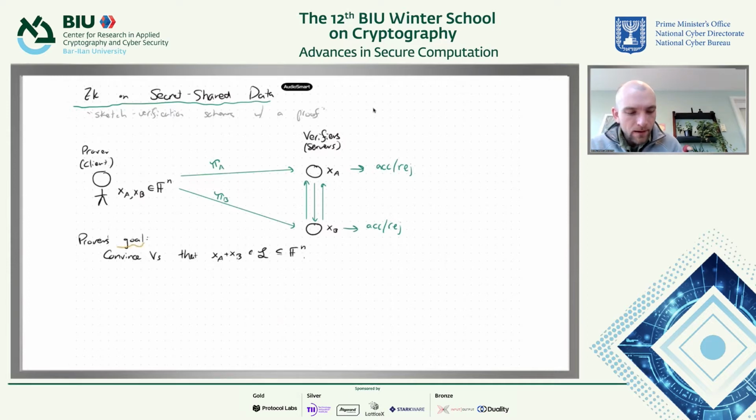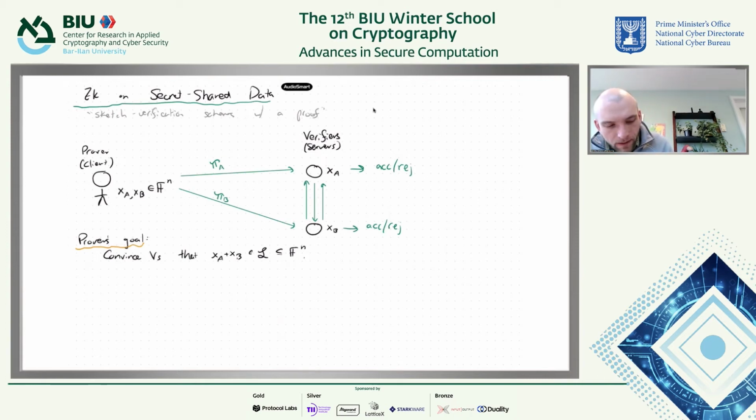To relate it back to what we were just talking about, this could be convincing the verifiers that the sum of their inputs is a vector of all zeros with a single one. It turns out in that case, the sketch verification schemes show that you don't need a proof at all. The verifiers can just test that property directly. But in other cases, like ones I'll mention in a second, a proof is actually necessary, or it seems to be necessary.